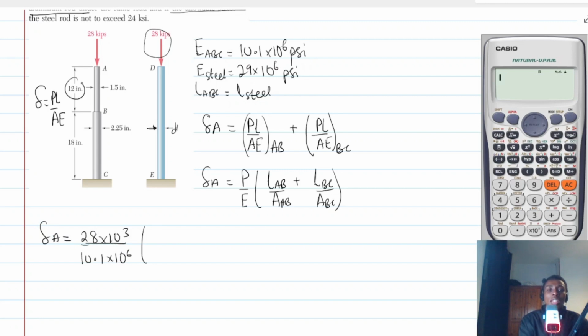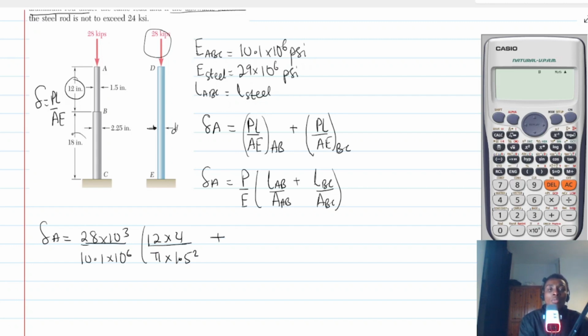So the length of the side AB is 12. So 12 multiplied by 4 divided by pi times d squared. So basically I'm trying to put into the equation, the area.